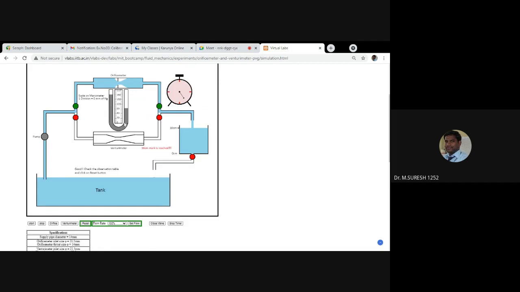The left side and right side readings are given directly, 89. What is the time required for every 10 centimeter rise of water? This is for 100% flow of water. For taking virtual lab readings, just put these two things in your record.